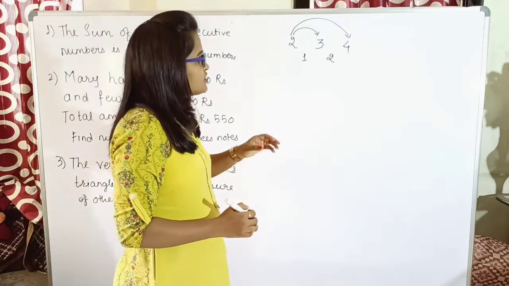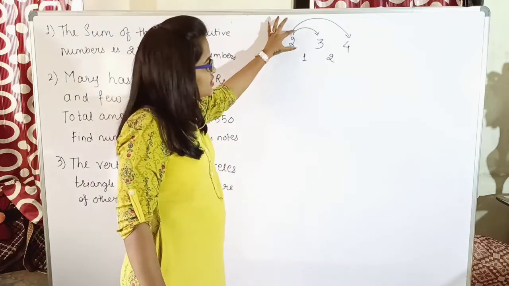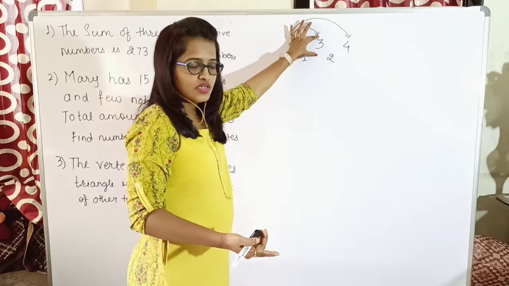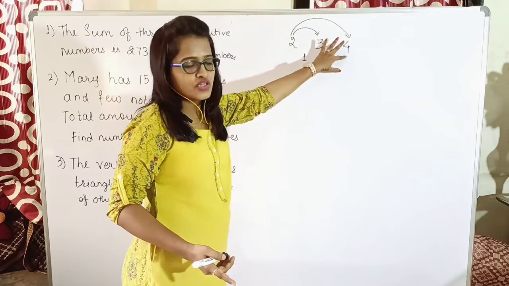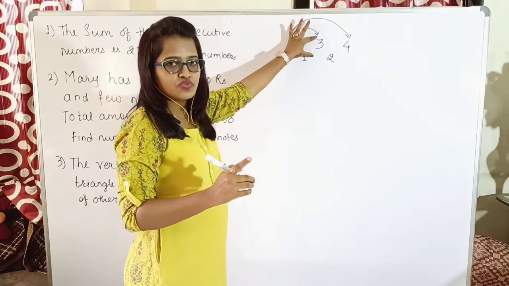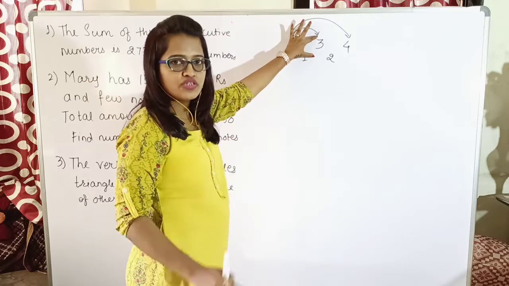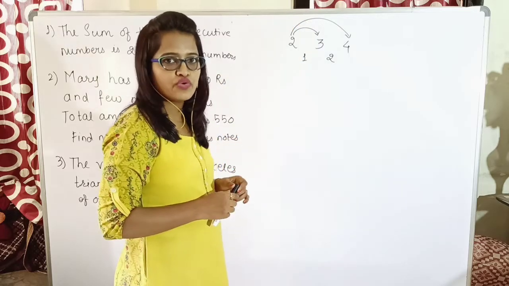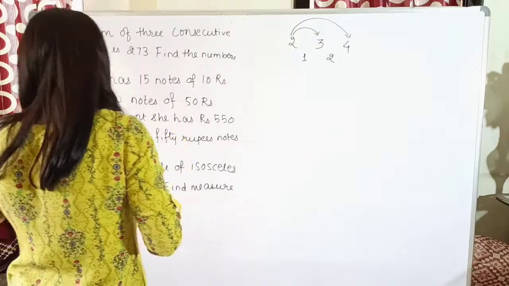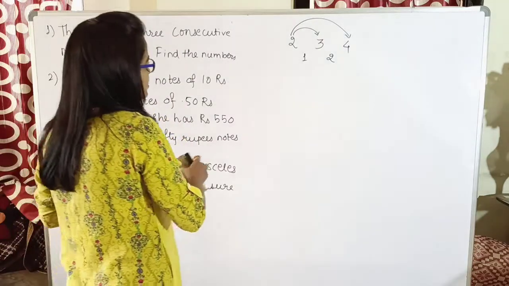So whenever I am considering the first number to be x, the next number will be x plus 1. But for the further next number, whatever was the previous one, x plus 1, if you add 1 again, it will be x plus 2. Okay, so let us first write this down, then we can frame the equation depending upon the condition.